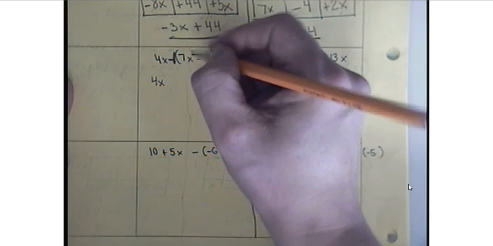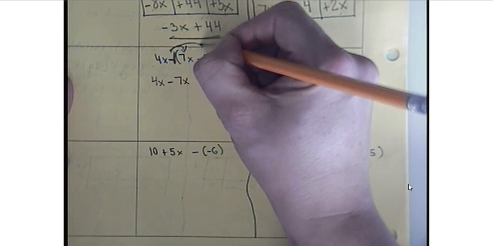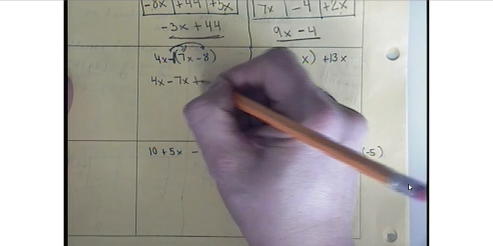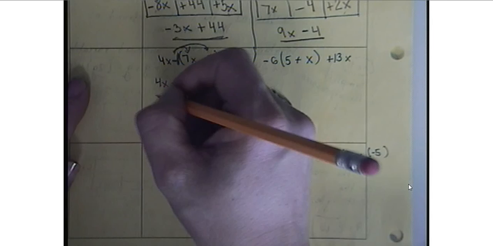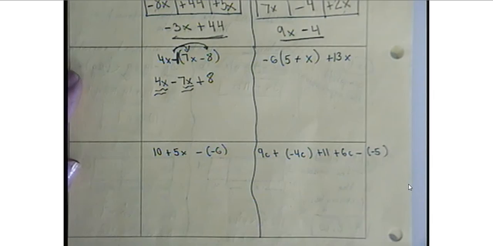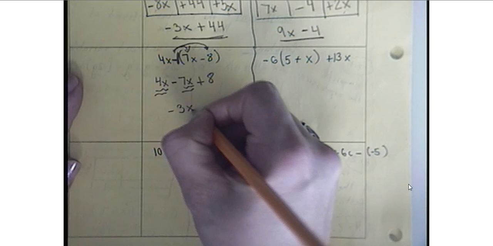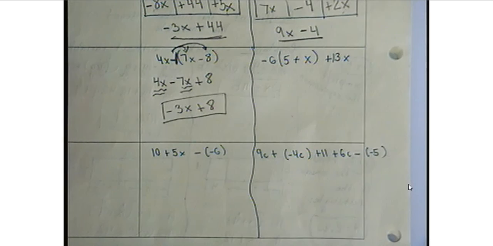So, I will write 4x, then we'll distribute negative 1 times 7x, which is negative 7x, and then negative 1 times negative 8, which is plus 8. Once I simplify with the distributive property, next step will be combining like terms. 4x minus 7x are the two, and the answer here is negative 3x plus 8. That will be the final answer for this example.